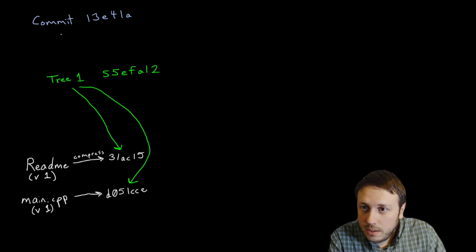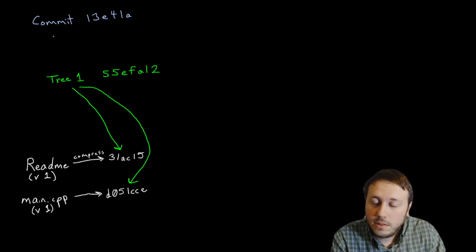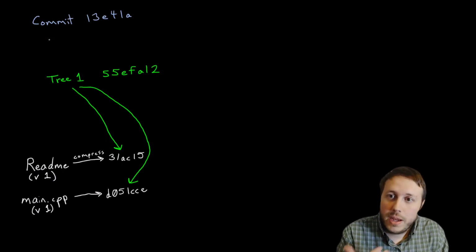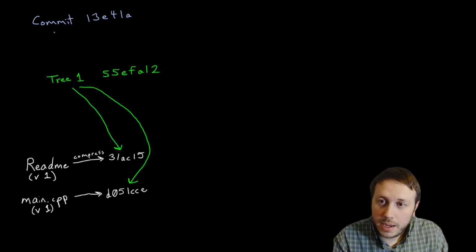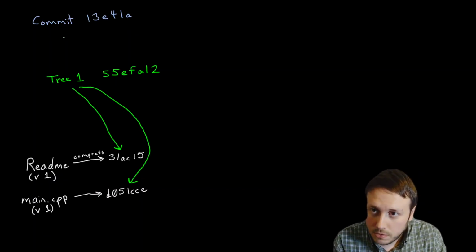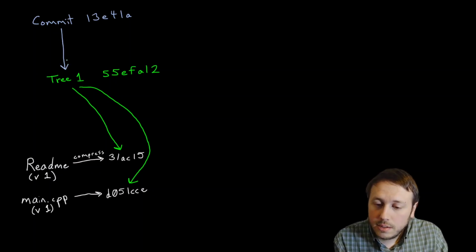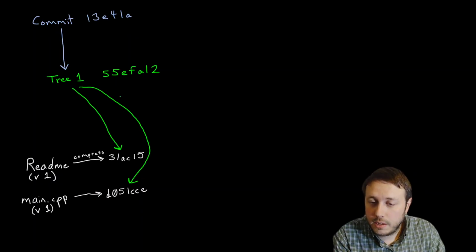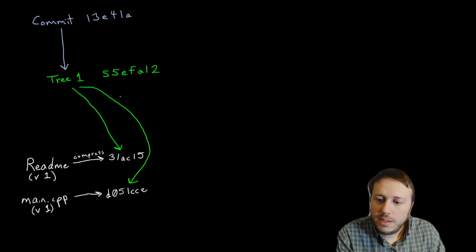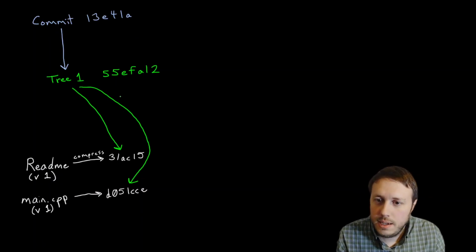And the commit will contain some metadata, information about who made the commit, when it was created, information provided by the creator of the commit in what's called a commit message. And it'll contain a reference to the tree that corresponds to that commit. And this is basically all a commit is.